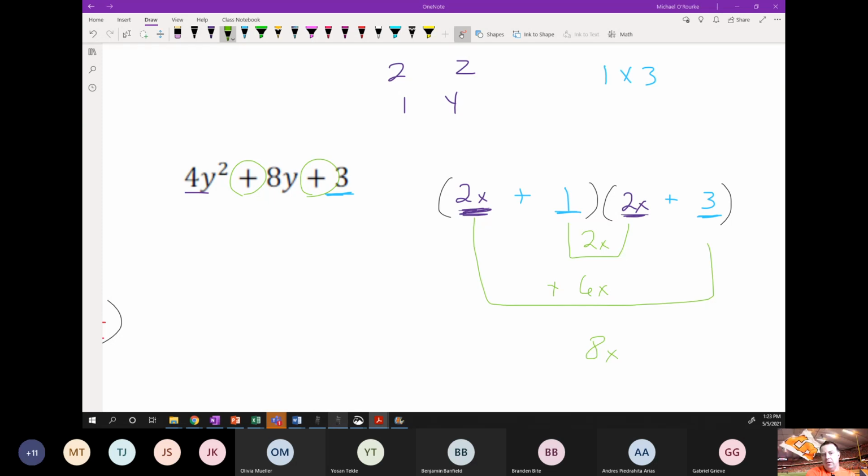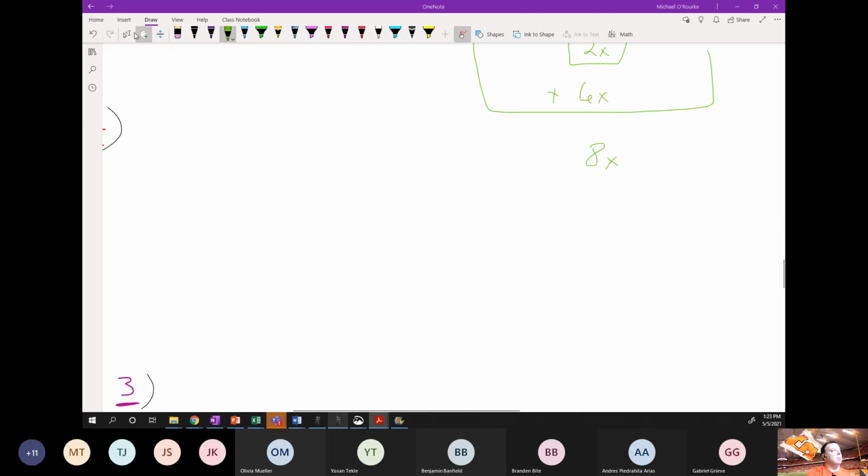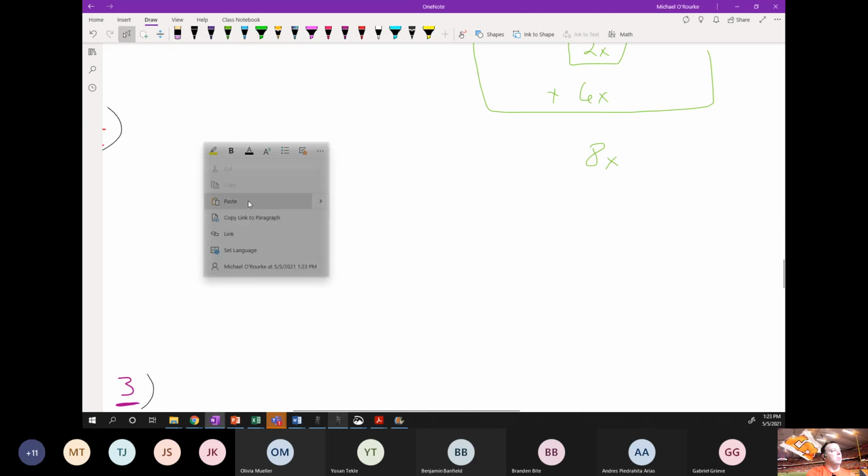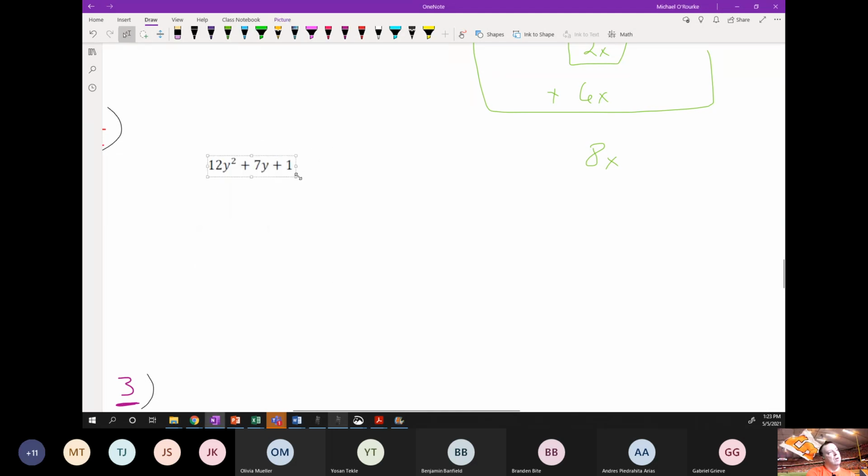What if I like that one? Let's try this one. I'm going to give you a minute. I want to see if you can factor that one by yourself.